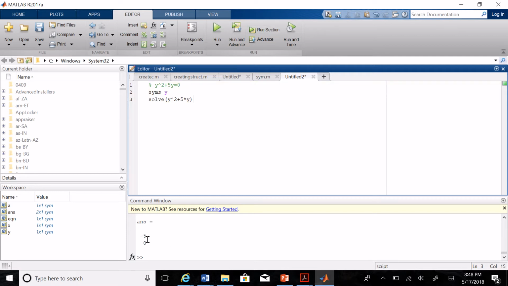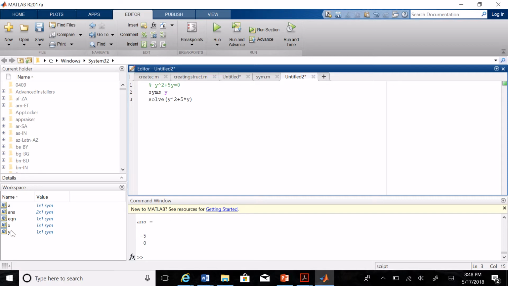So your answer is minus 5 and 0. If you put 0 in place of y, you get a 0 answer. If you put minus 5, power of 2 is 25, minus 5 times 5 is minus 25, and 25 minus 25 is 0. So it has been solved.